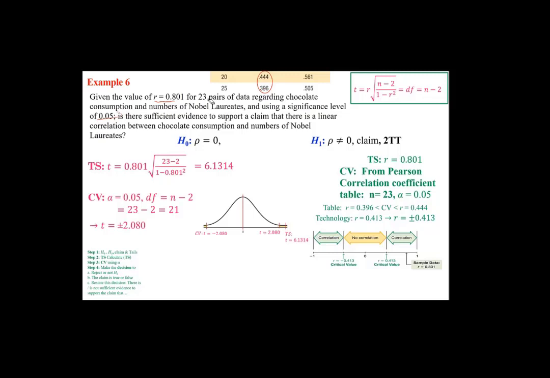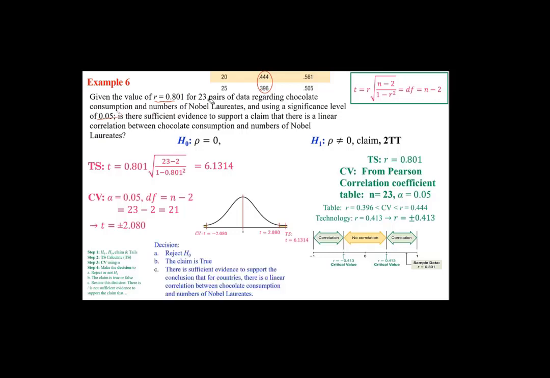Even if you don't pay attention to technology and you just look at the numbers, the best case scenario or the worst case scenario, 0.396 or 0.444, somewhere in between, 0.801 is beyond both of them. And therefore, it puts you in the rejection region, and the rest is very clear.